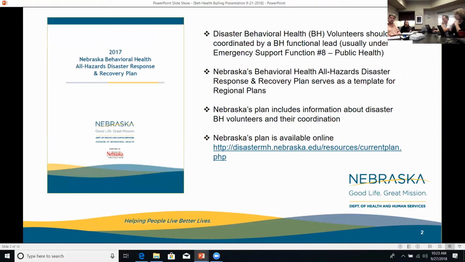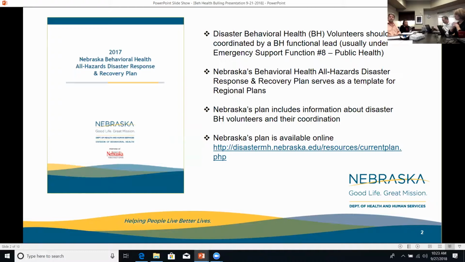Now, the state has a plan to guide the preparation, deployment, and coordination of services delivered by these volunteers. And as I mentioned, the volunteers may be registered on the ESAR-VIP system. They may also be part of the Medical Reserve Corps, which Ryan Lowry talked about earlier. The plan for Nebraska serves as a template for our regional divisions, which are the regional behavioral health authorities.